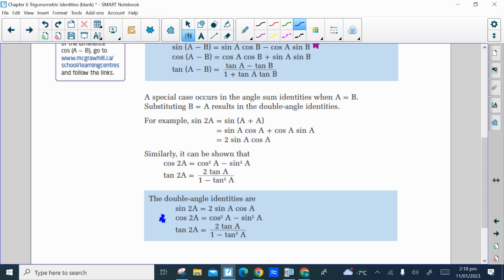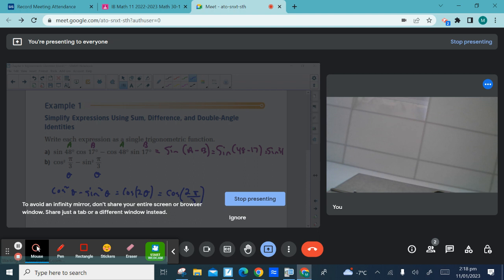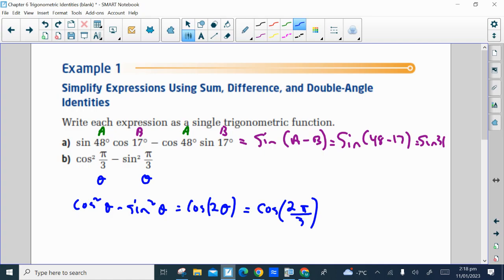Cos squared a, take away sine squared a. So this is the same thing as cosine of 2a, or 2 theta. And in this case here, our angle for theta was pi on 3. So it'll be the cosine of 2 times pi on 3. So there, we've simplified it. We've expressed it as a single trig function.